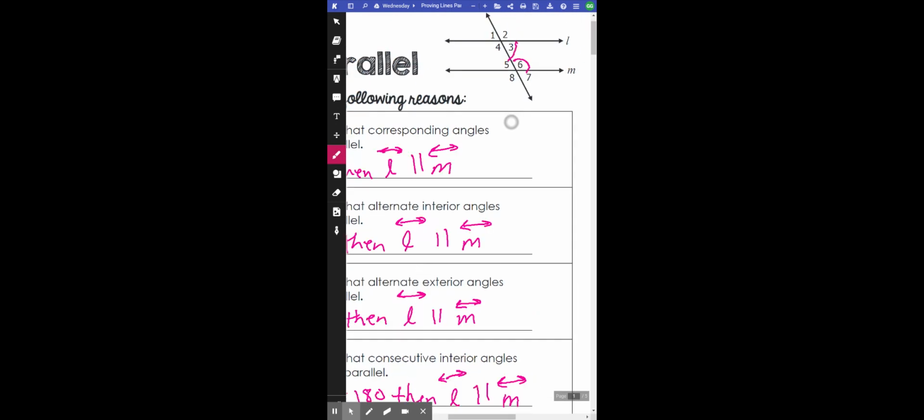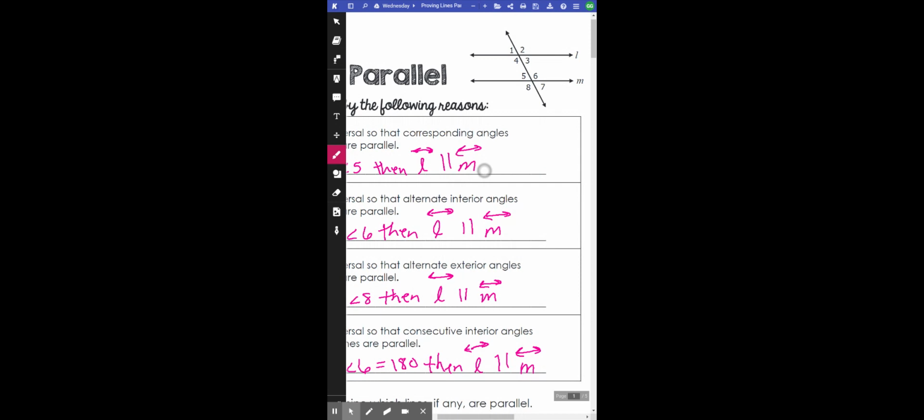Now, what I want you to see here and what I want you to take from this, at least the shortcuts, is that every single one of these, when we did angle 1 and angle 5, they shared a transversal. You're going to see problems where there's going to be multiple transversals, and they're going to ask you, give me the two lines that are parallel because of these two angles.